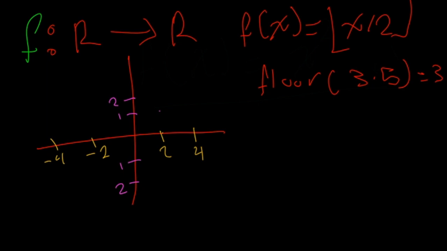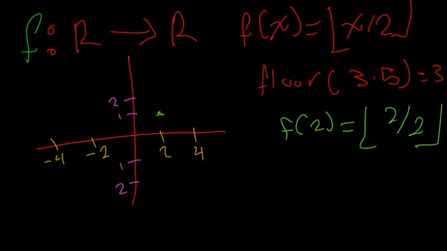So take f of 2: f of 2 equals the floor of 2 divided by 2, which is 1. So it will be here. Take f of 4, it will be the floor of 4 divided by 2, which is 2. So I could draw it like this, as a step.